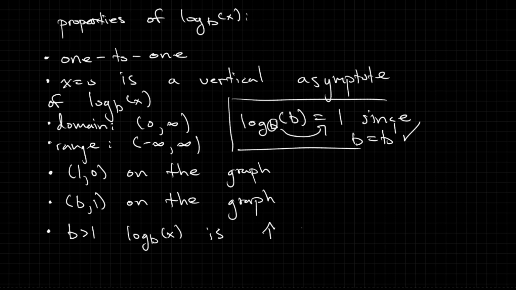That is, the y values get larger as the x values get larger. And if b is between 0 and 1, then log base b of x is decreasing. That is, the y values get smaller as the x values get larger.